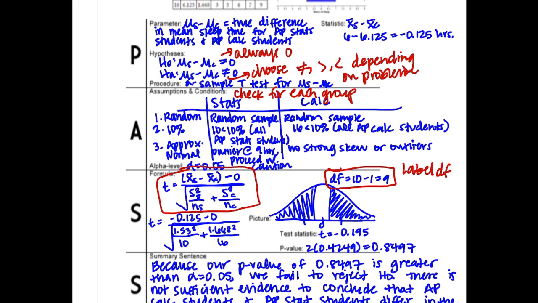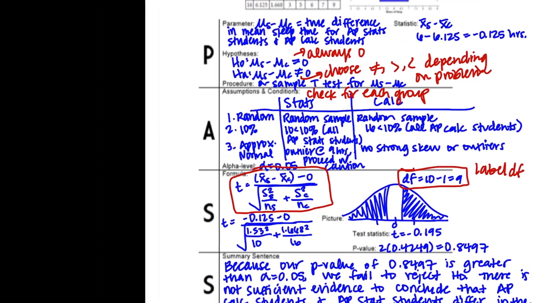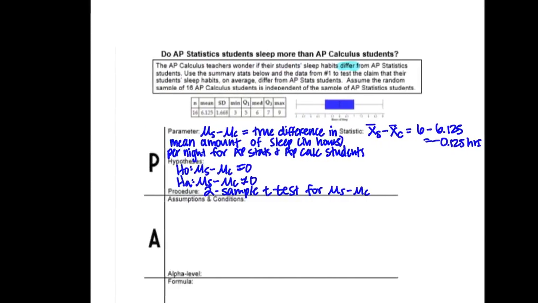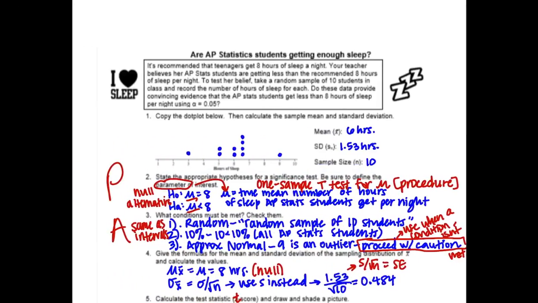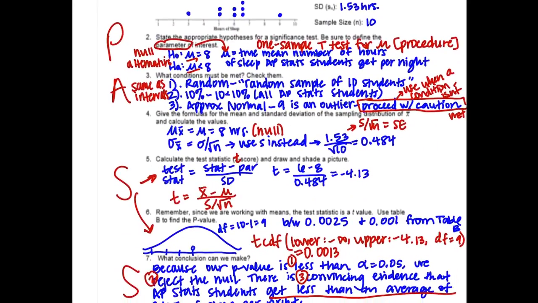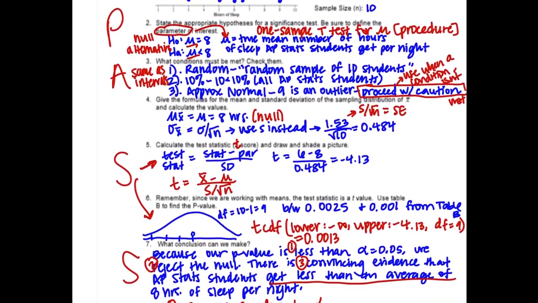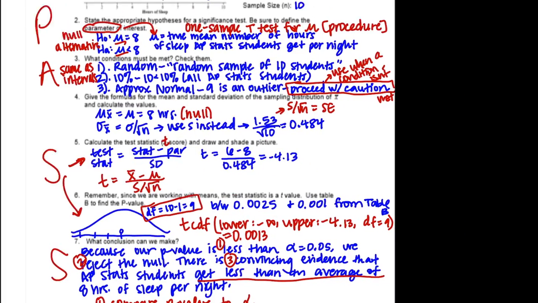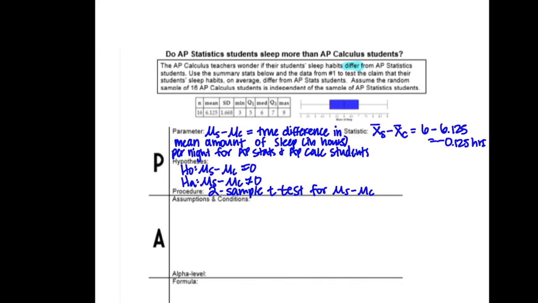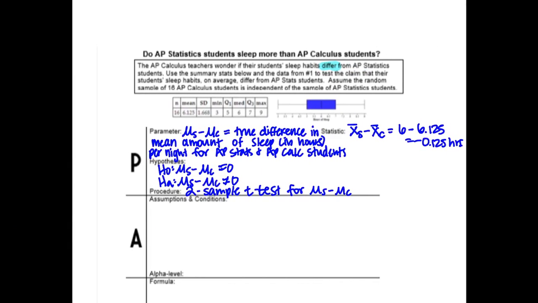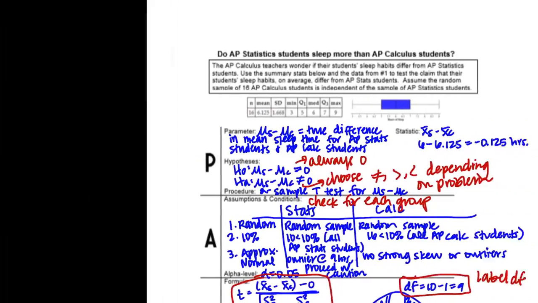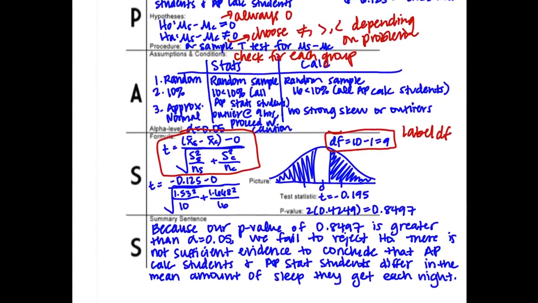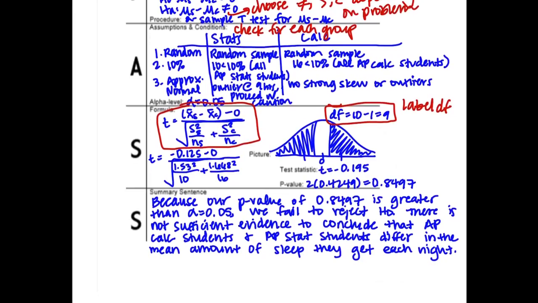Instead of doing normal capital N 0, 1, we just put the DF on the top. I didn't say that before. So we just do the DF here instead of that because it's not normal anymore. And we don't know the standard deviation is 1. That's only true for z-scores, not for t's. And so don't do that. Just put the DF at the top, because that's what makes each curve different now.